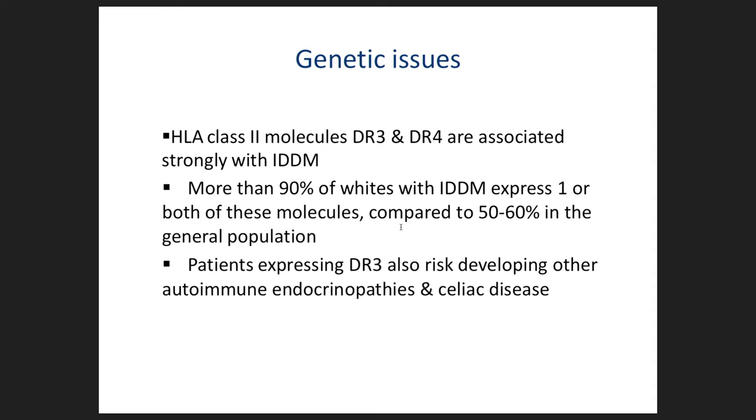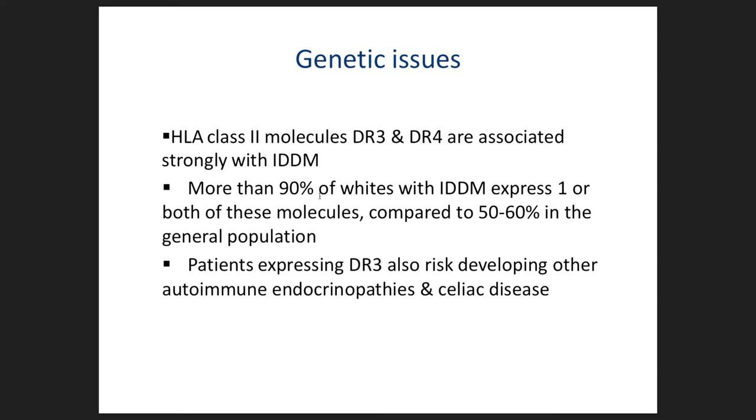If we look at the genetic part of the pathophysiology of type 1 diabetes, we have to do something called HLA screening. They found that those with HLA DR3 and HLA DR4 have a strong genetic susceptibility to develop type 1 diabetes, estimated at more than 90%. More than 90% risk to develop type 1 diabetes if somebody has HLA DR3 or DR4, DR3 and DR4.